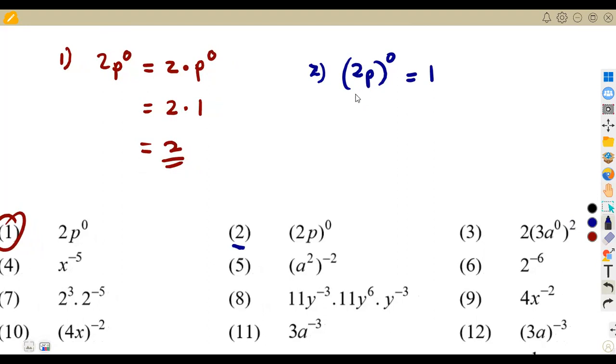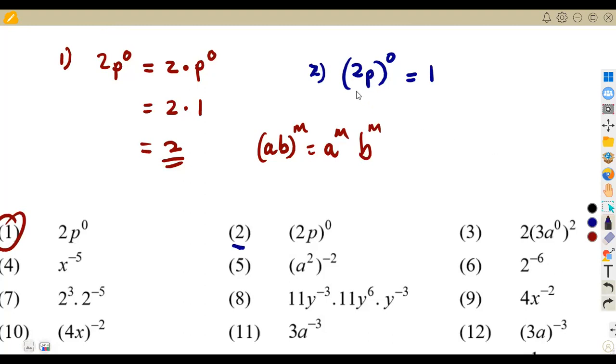The whole of the bracket is being raised to the exponent of 0. It gives us a 1, which I also explained from AX. If we are given a product, let us just say AB being raised to the exponent of m, we're going to have A to the exponent of m and also B to the exponent of m. So we can also prove it that way. If we do not understand this, then we can also prove it that way.